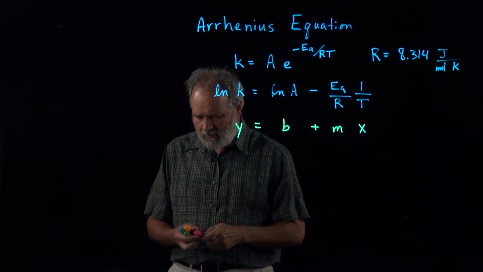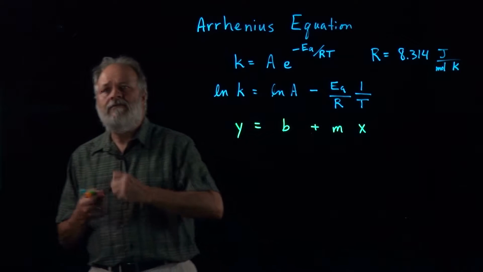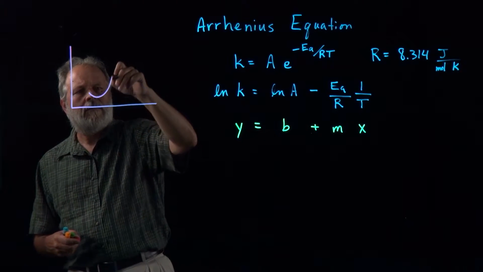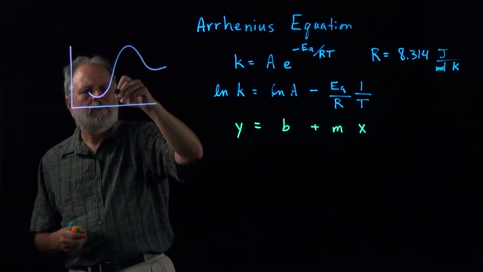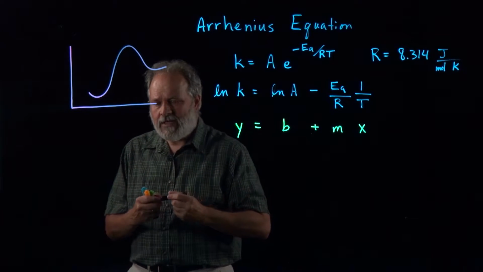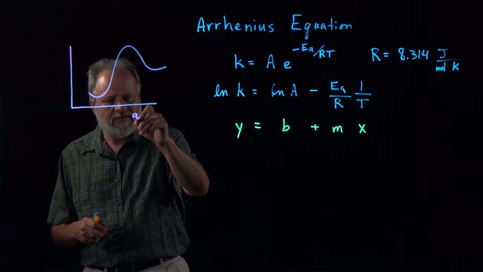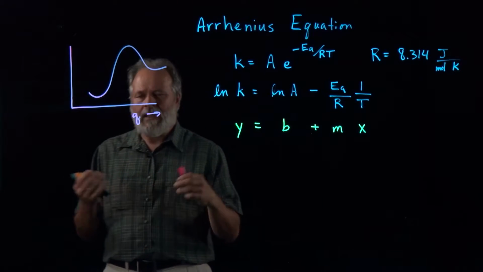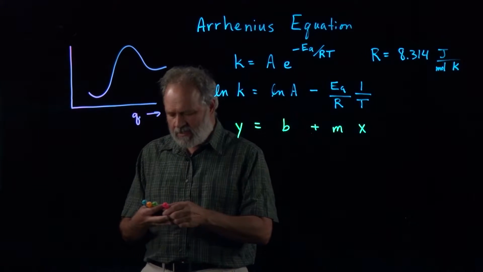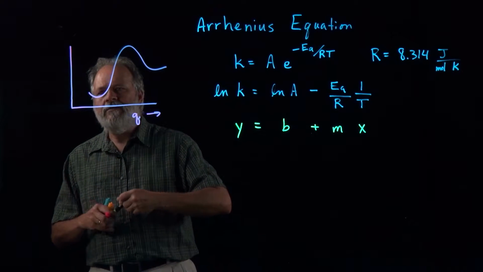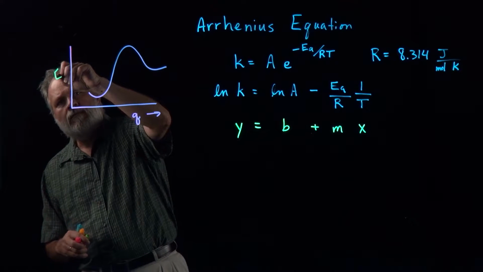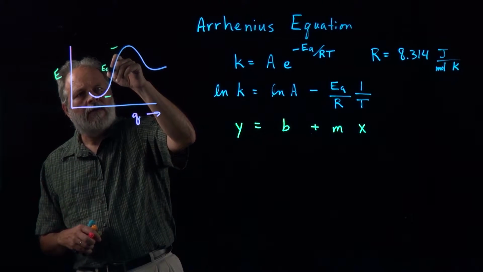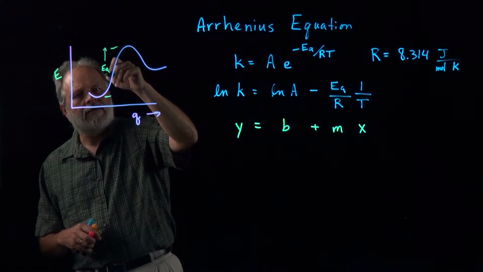Okay, so just to recap the idea of activation energy. So if we have an energy as the reaction progresses, so we have some sort of reaction coordinate, maybe a bond being made or broken or angle twisting or whatever, and this will be the energy, then this difference here is the activation energy, okay?